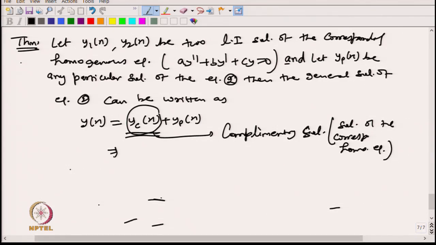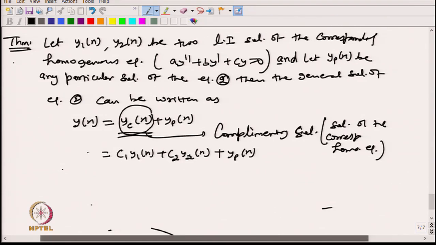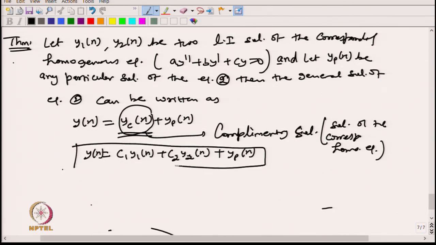So, from here I can write that my y(x) will be c1 y1(x) + c2 y2(x) + yp(x), and that will be my general solution. In this case I have two arbitrary constants, as there should be in the solution of a second order differential equation, and this is the particular solution.